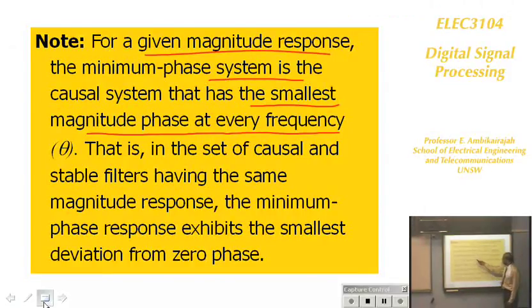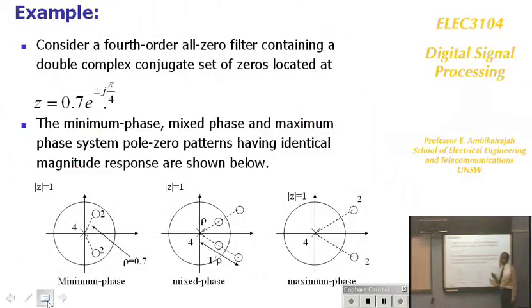Basically what I'm trying to say is it's the smallest deviation from 0. That's what I'm after for a minimum phase system. It's the smallest deviation from 0. Okay, so let me go through this diagram. Here's an example. Let's demonstrate this through the example.